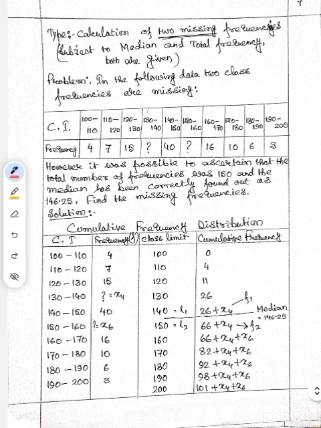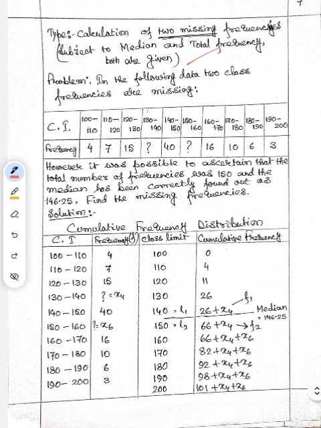In this problem we have to find two missing frequencies, where median and total frequency are both given. On that basis we have to find the two missing frequencies. In the following data, two class frequencies are missing.